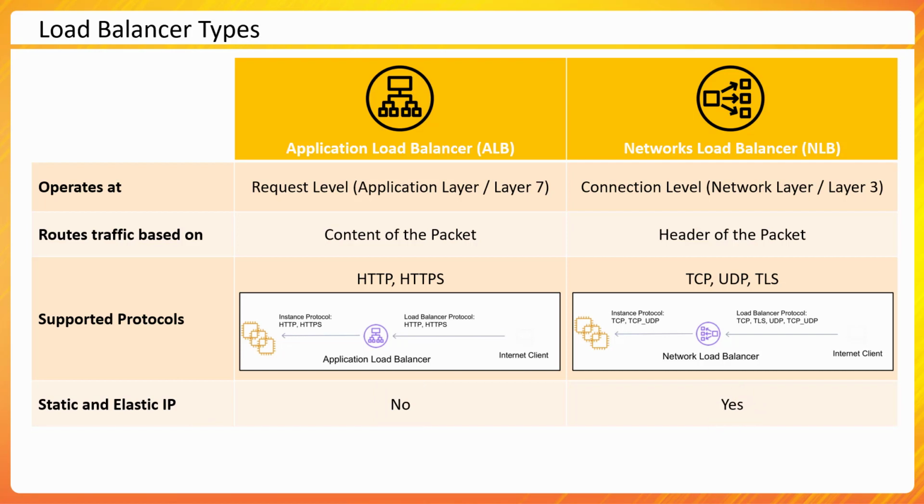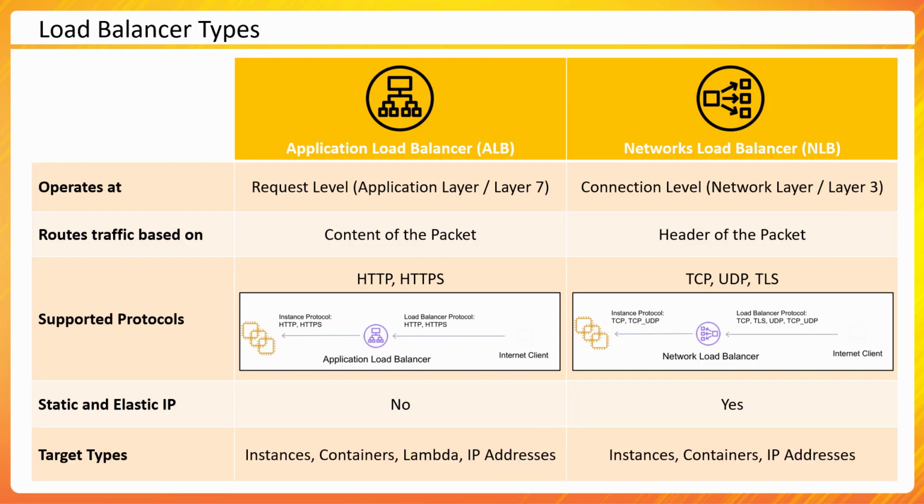Alright. The last difference here is how we will forward, or who would receive the traffic at the backend. That traffic would be received by something we call a target. So targets allow me to receive traffic, and they will be of different types. Application load balancer supports instances, which is EC2, containers running on different platforms ECS, EKS, and Lambda functions as well as IP addresses.